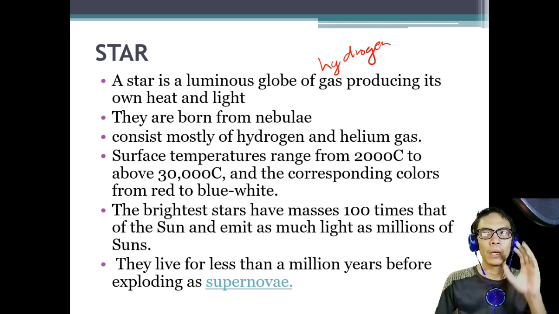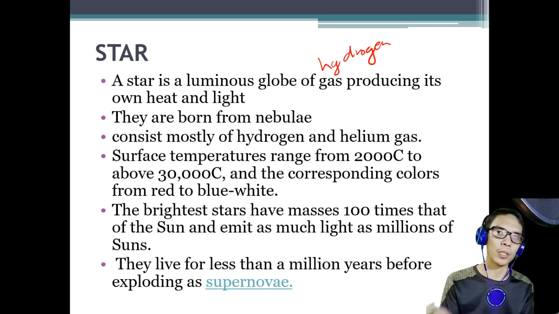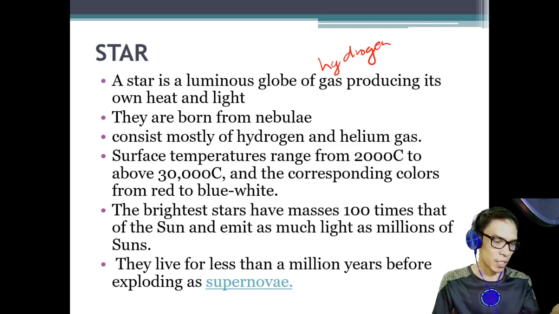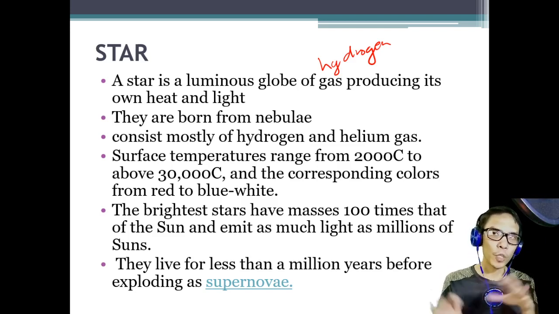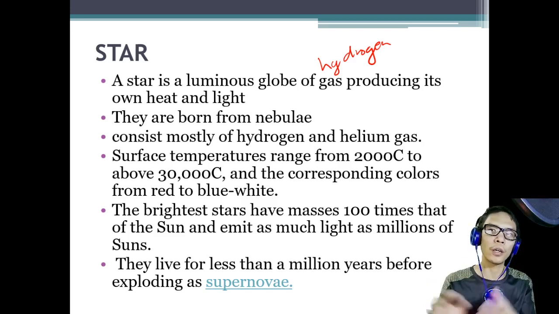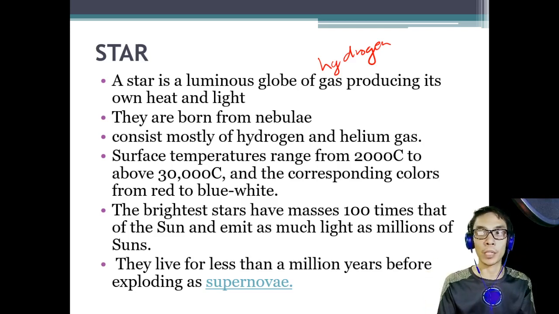They are born in the nebula, and some of them range from 2,000 degrees Celsius to 30,000 degrees Celsius surface temperature. The corresponding color is from red to blue to white. The colors depend on the temperature of the star, so they are directly proportional.